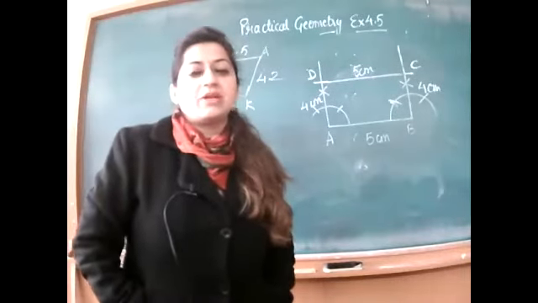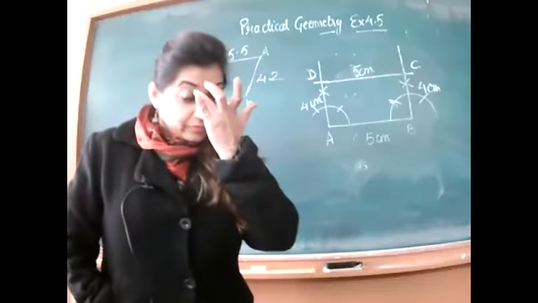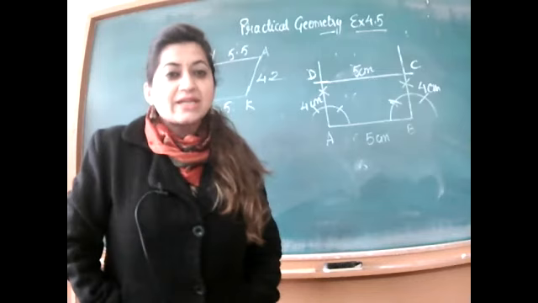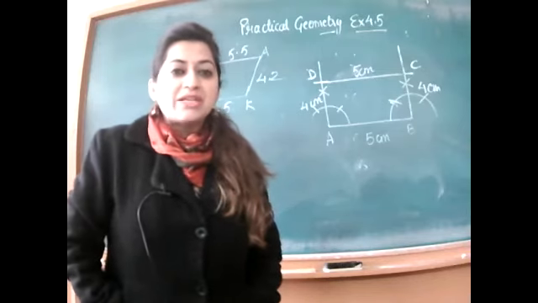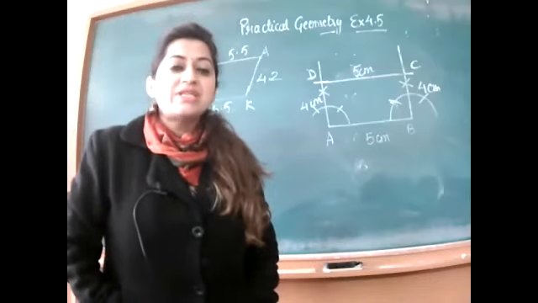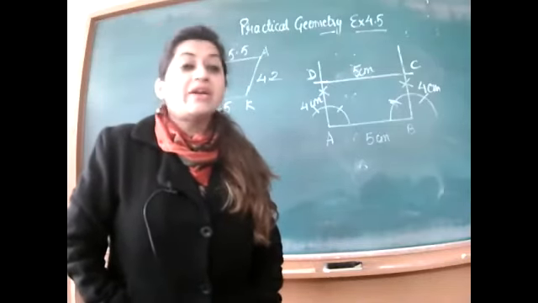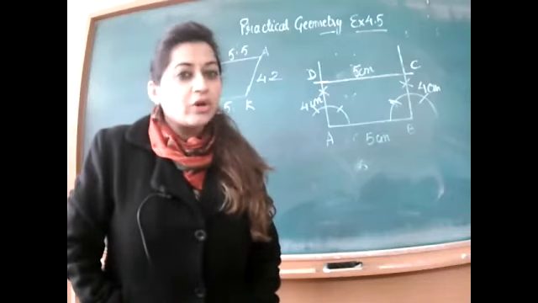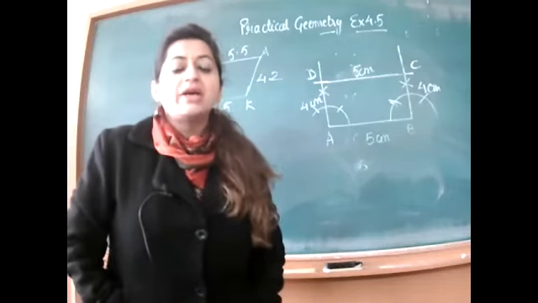It's not possible. Why? Ma'am, because for the construction, we need one angle or one diagonal. At least 5 dimensions should be given. Either an angle along with sides, or 3 sides with 2 angles, or a diagonal should be given. But here we have only 4 sides. So it's not possible. So what will you write? Write down.